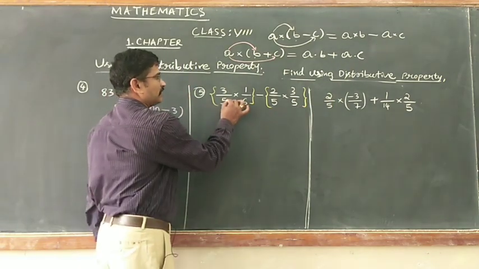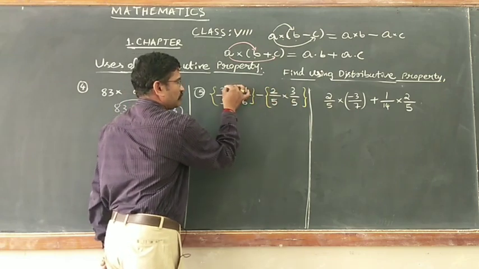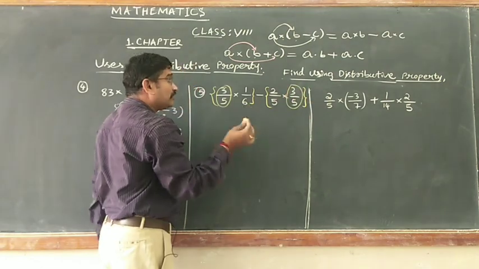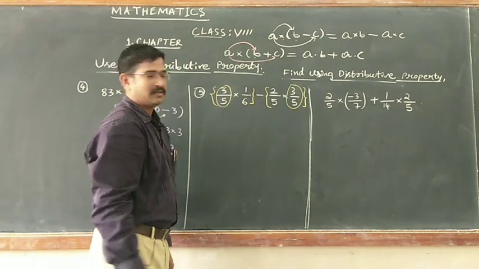Here 3 by 5 into 1 by 6 minus 2 by 5 into 3 by 5. So, you could observe 3 by 5 is the common fellow, that common fellow to be taken out.